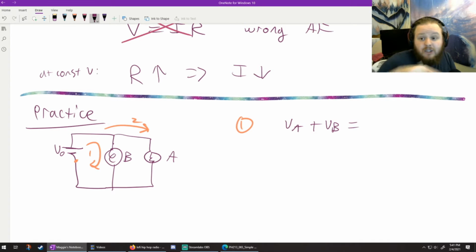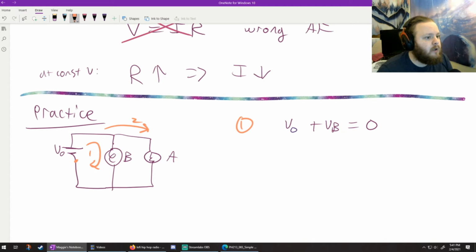And once I get back to the point I started my loop at, no matter where I started, it better be 0. Well, it's not VA, it is V0. I'm bad at writing. Okay. So that must be true.